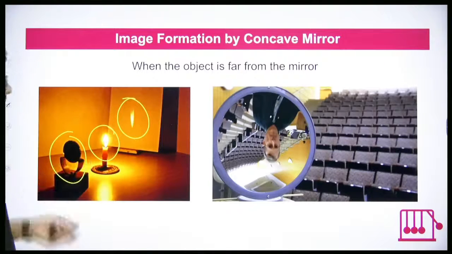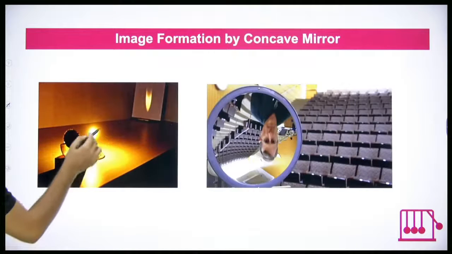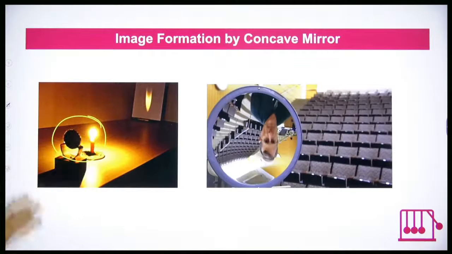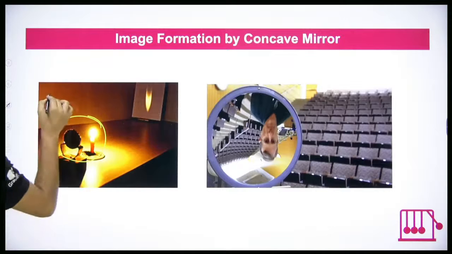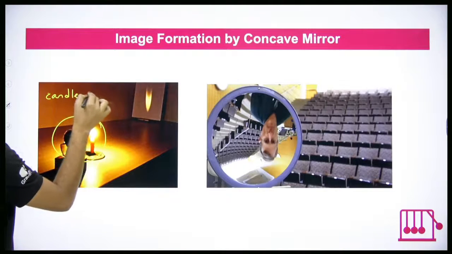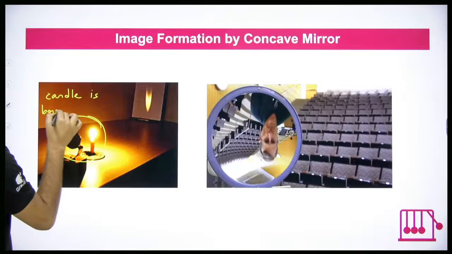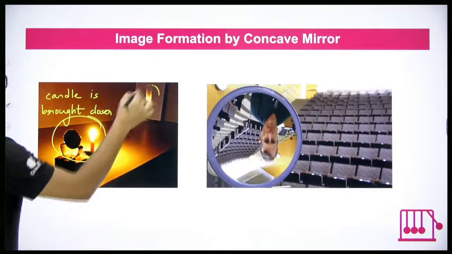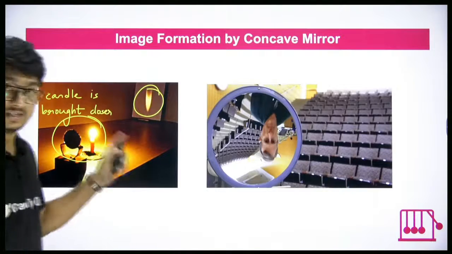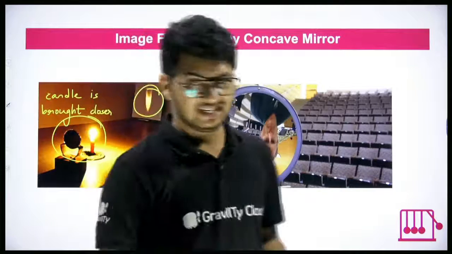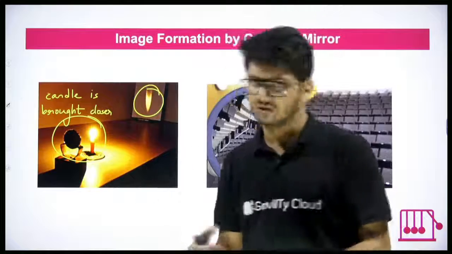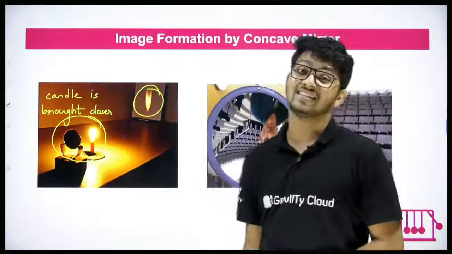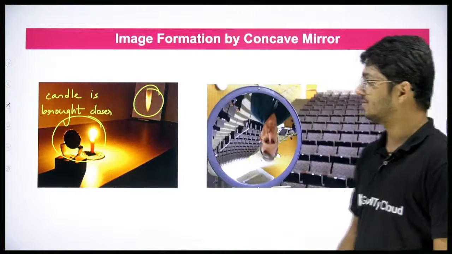Now compare the same with this. Now look at the distance between the mirror and the candle. Distance decreased, or what you can say? Candle is brought closer to the mirror, and look at the image. It is still obtained on a screen, it is inverted, so a real image, but the size of image has increased.